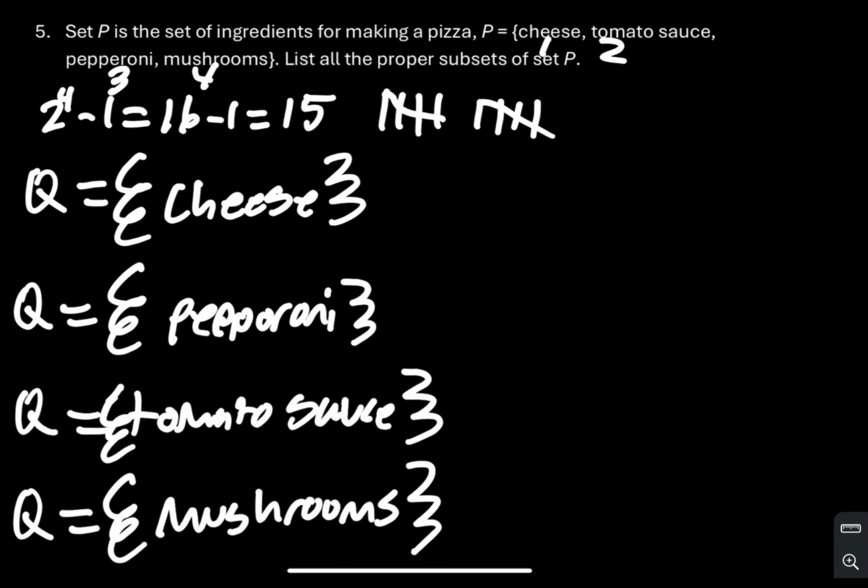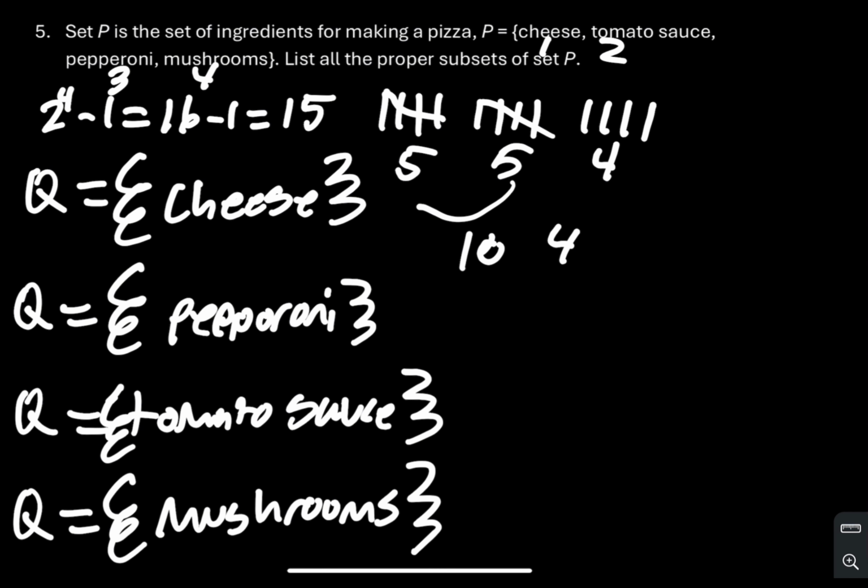That's 4 more, so if we add 4 more tally marks, we're at 14. Remember, this is 5, 5, and 4. 5 plus 5 is 10, and then we have the 4, so 10 plus 4 is 14.